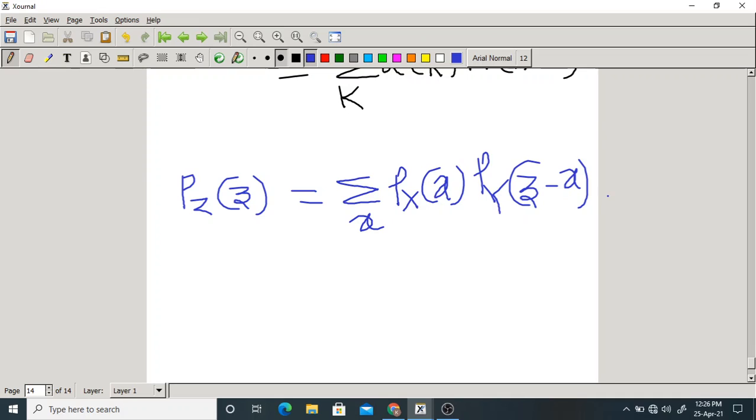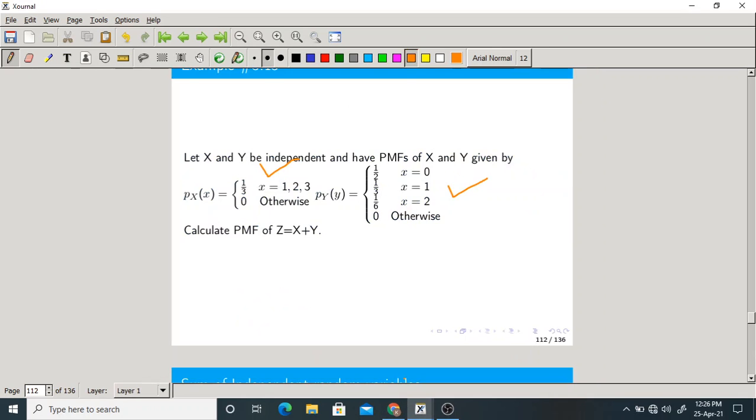Now what about the limits of Z? Because we are doing a discrete convolution, X varies from 1 to 3. Here I have written wrongly, it is Y. So Y varies over 0, 1, 2. What about Z? What is the lower limit of Z? 1.